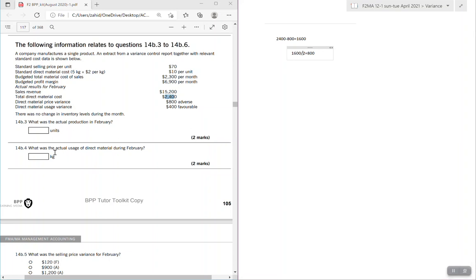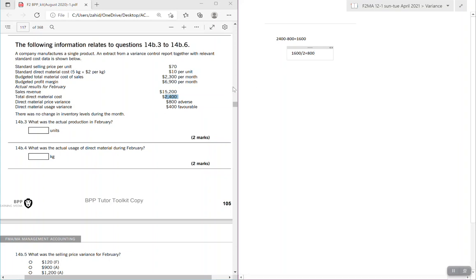In the first one they asked what is the actual usage of kgs. So usage is 800 kgs, because whatever the material here, 2400, according to standard price we would have purchased it for 1600, and dividing by the price per kg gives us 800 kgs. They ask here what is actual production.